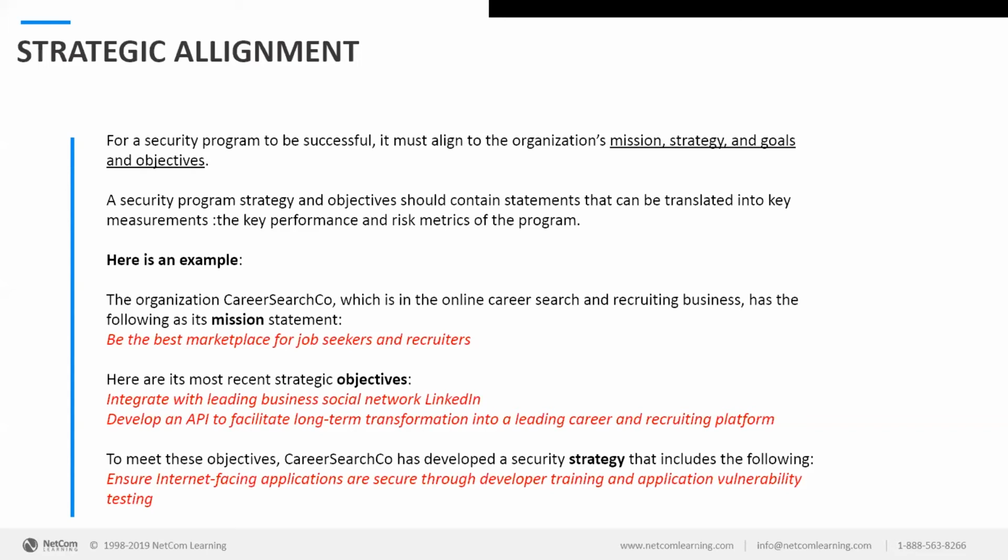From an information security perspective, I need to check the vulnerabilities in my web application or my app, especially as we are in the apps era nowadays.